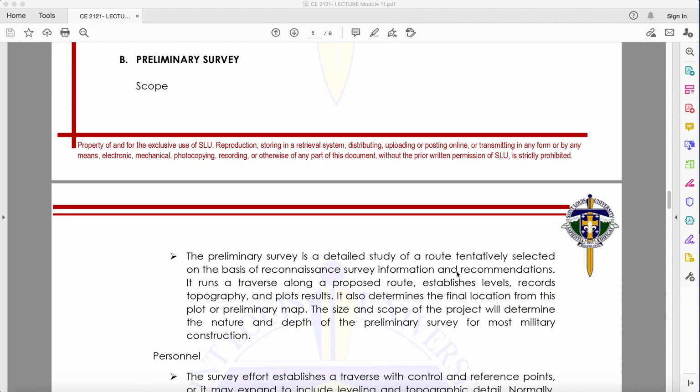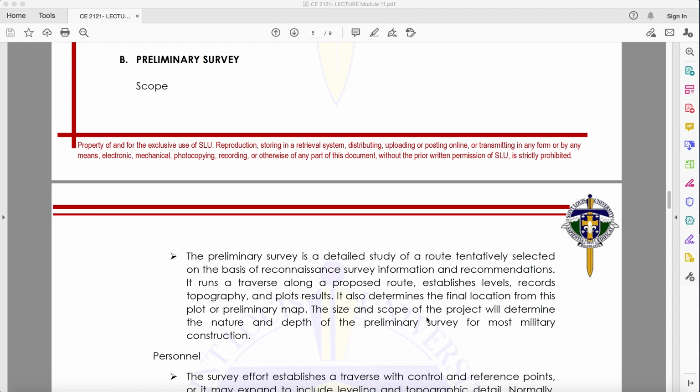Okay, so it runs a traverse along the proposed route, establishes levels, records topography, and plots results. It also determines the final location from this plot or preliminary map.